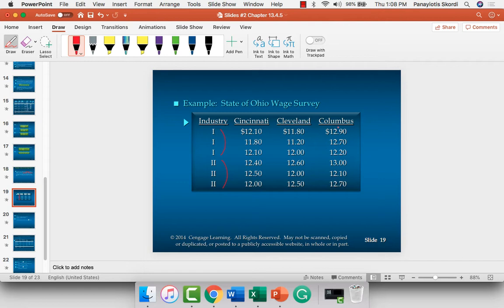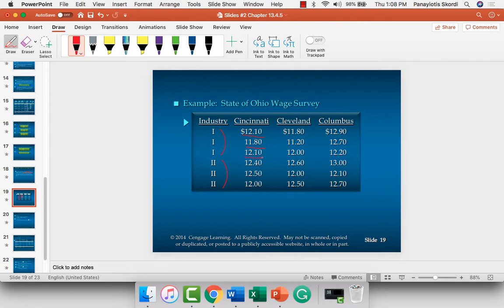And we're going to run a 2-factor test. Now you can see this is a 2-factor test with replication, because when they went to Cincinnati and went to Industry 1 and they asked people there, how much do you earn? They asked this person, then they asked the second person. So they repeated the experiment. That's why it's with replication or repetition. And they actually did it a 3rd time here.